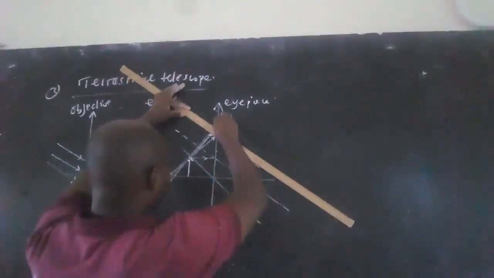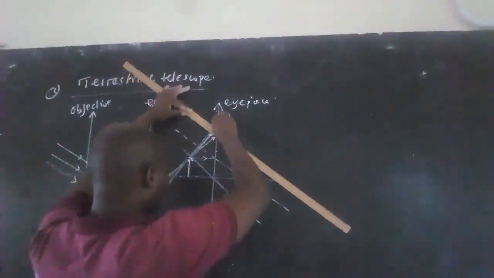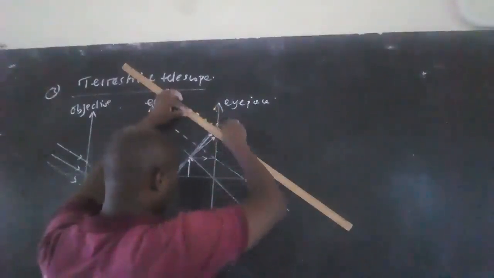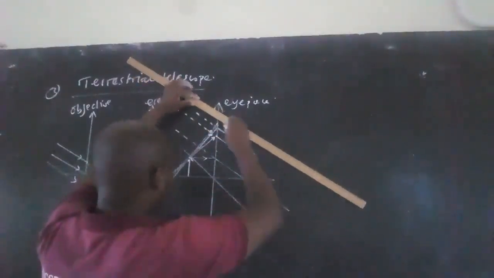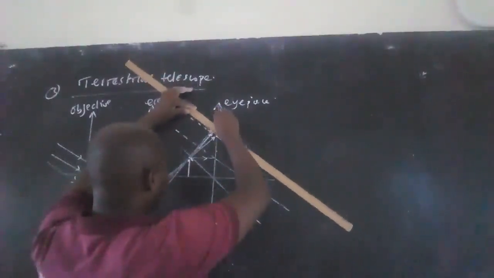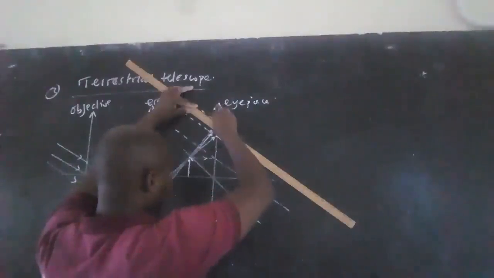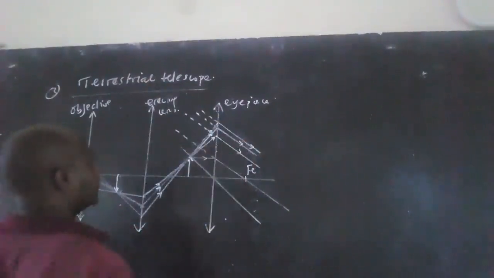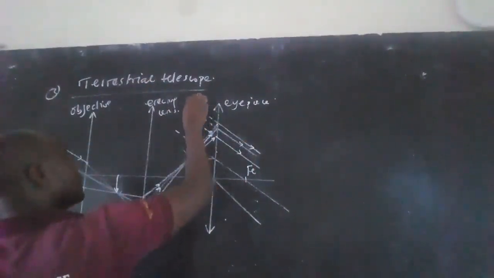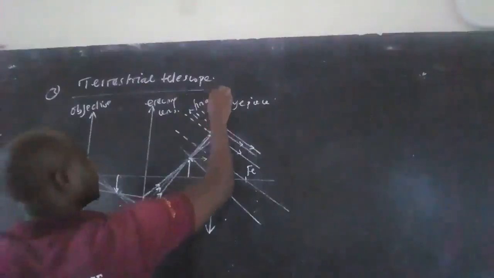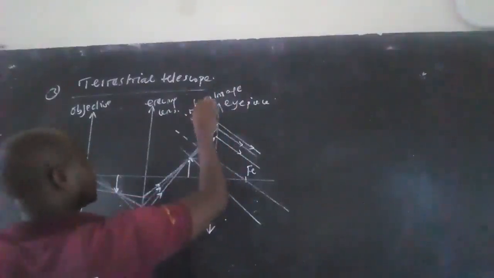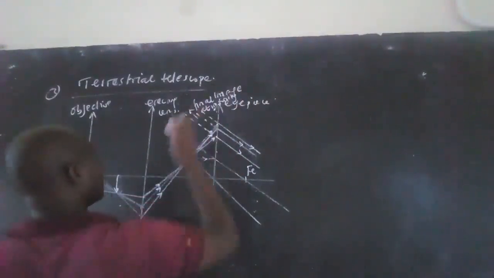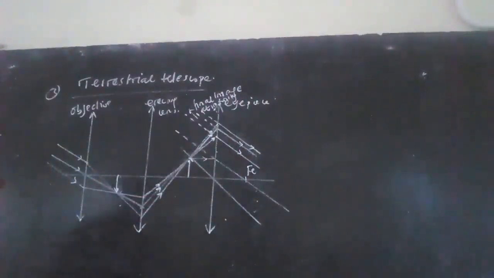The image is erect and formed at infinity. Here is the final image at infinity. So the image produced is erect now.